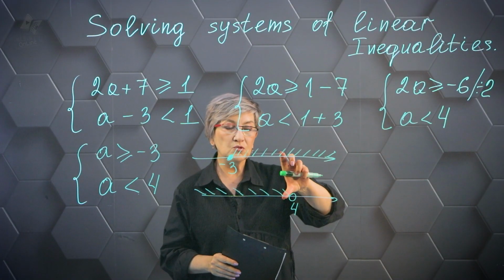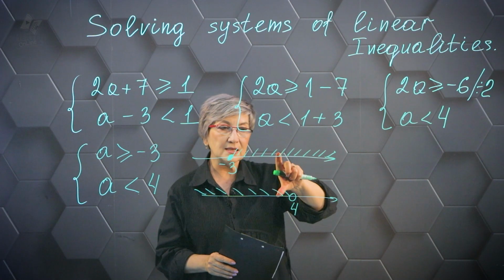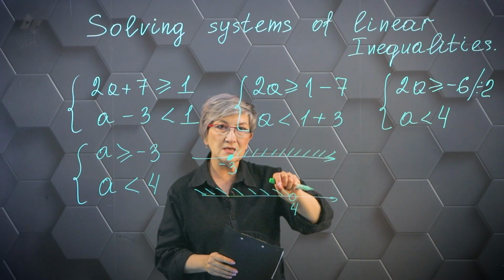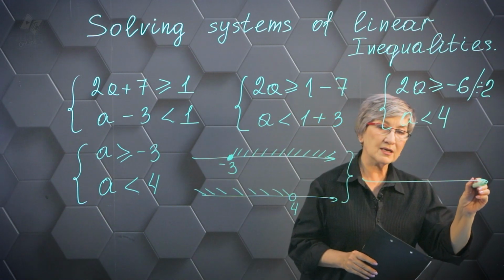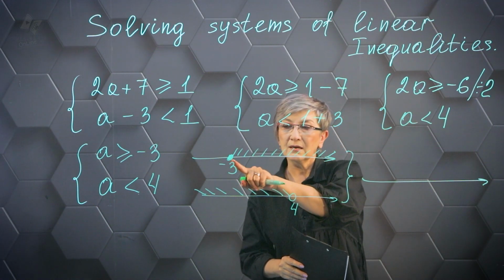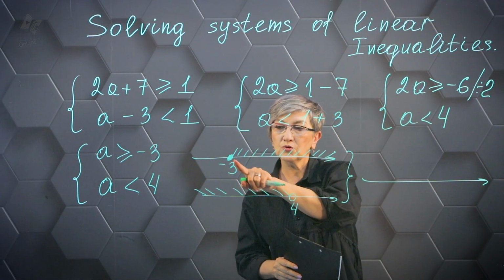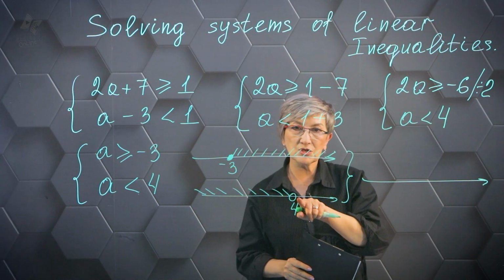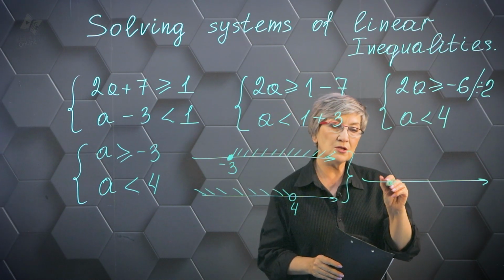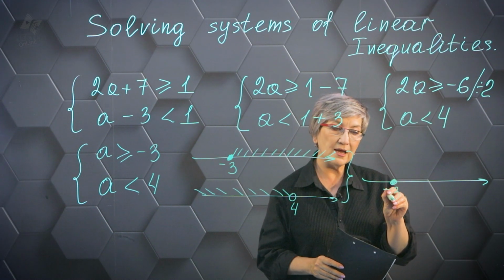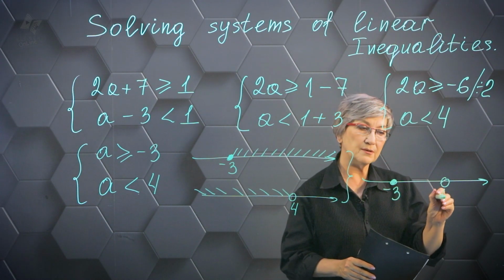And now we need to connect this image, to combine it. What do we get as a result? On one coordinate line, I show points at minus 3 and 4. At the same time, we understand that minus 3 is to the left of the point 4.